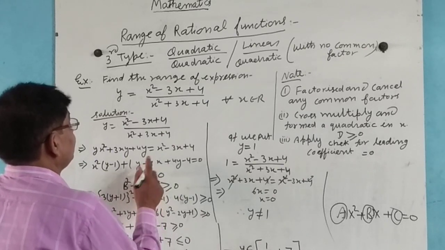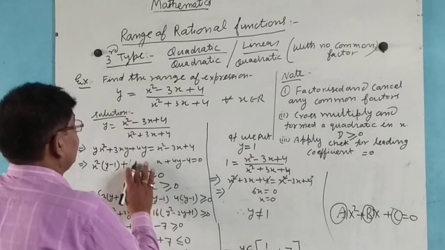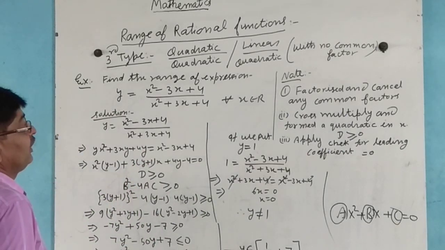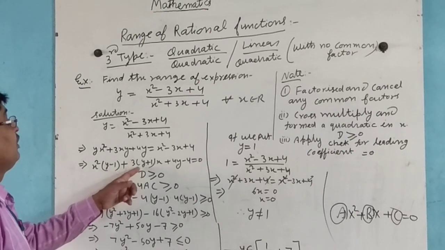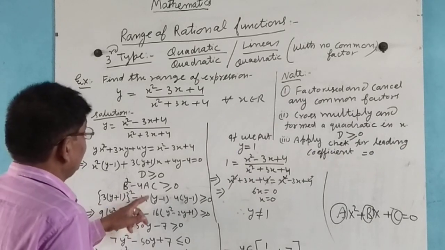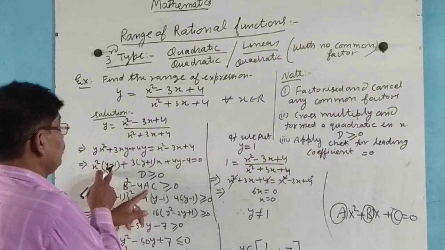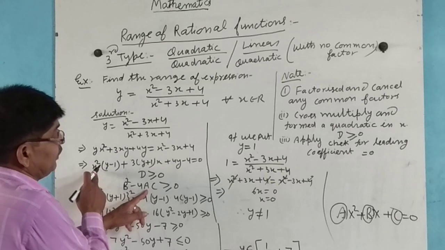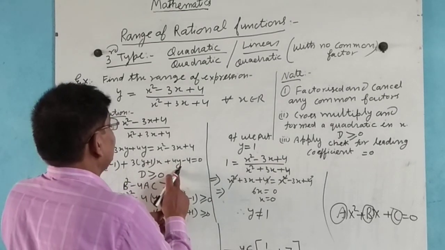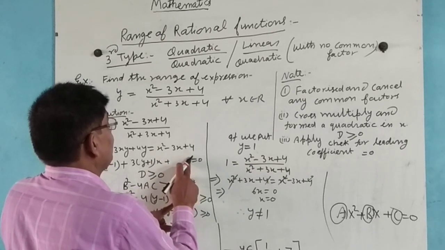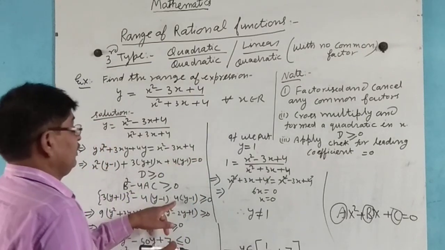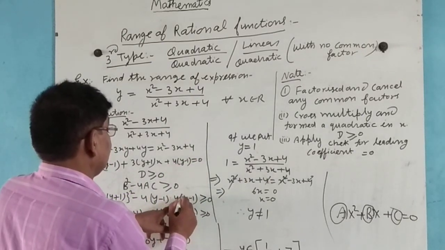3 comes out, 3y plus 1. This can be written as (3y plus 1) square minus 4a, a equal to y minus 1, a is the coefficient of x square, ac is 4 times y minus 1.